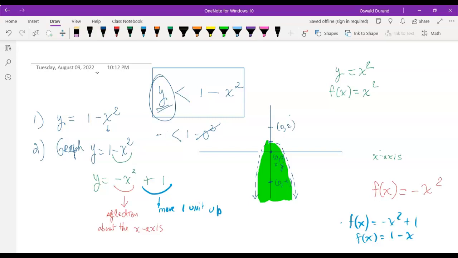So y is equal to 2, and x equal to 0. Well, is 2 less than 1? No, it is not. That's false. That's why it's on the outside. So the 2 is greater than 1. So that's how you graph this quadratic inequality.